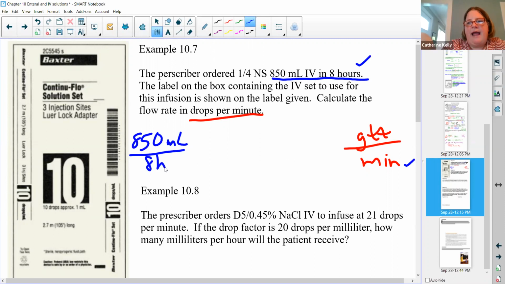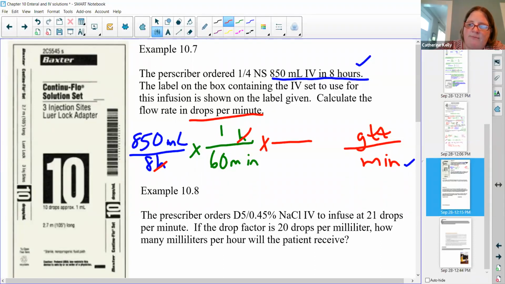But I need to get hours to minutes because none of those match the end results. So I have 1 hour is 60 minutes. And I had to put hours on top because that's what I needed to cancel on the bottom. So now when I'm done, I have milliliters per minute, but I need drops per minute. So I'm going to times it again and put drops over milliliters down here.